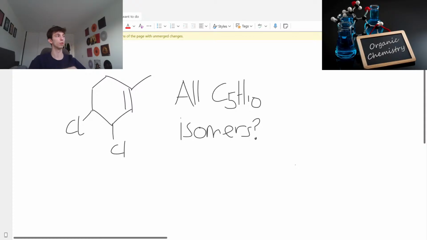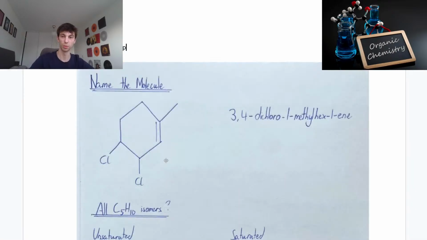But you did get the numbers correct there. So that is indeed 3,4-dichloro-1-methylhex. You don't need the hex-1-ene. You can do hexene because it implies it's in the first position, but I wrote out 1-ene. There's no harm putting extra numbers. In all mark schemes, they will always allow you to put the extra numbers.